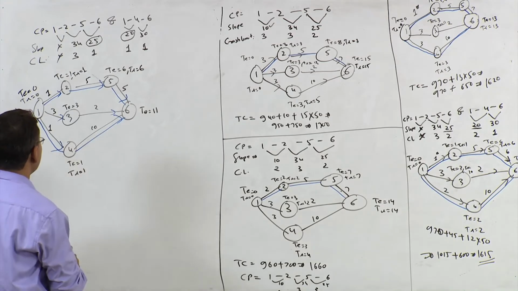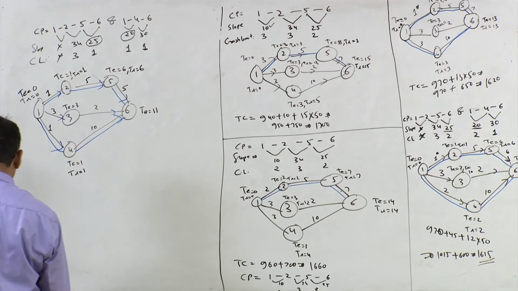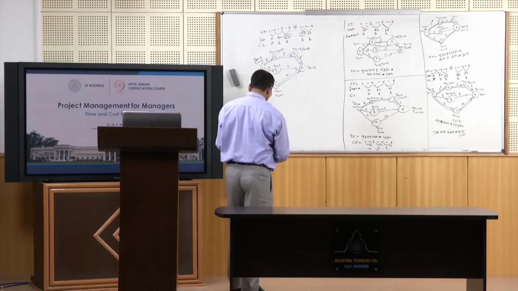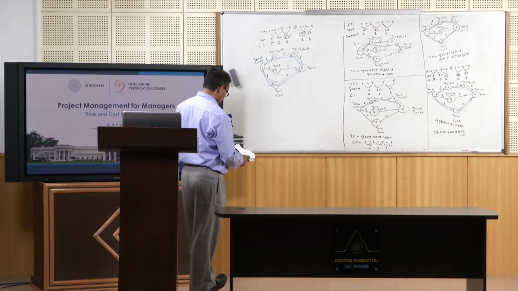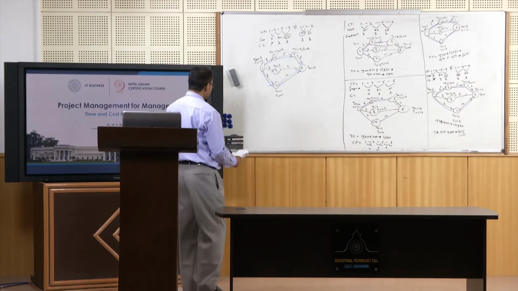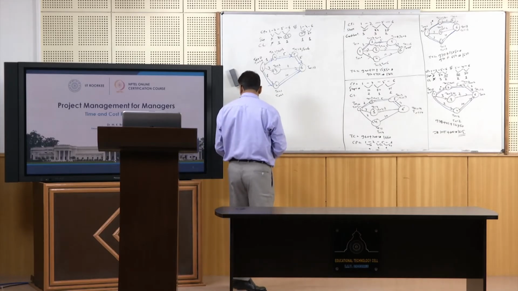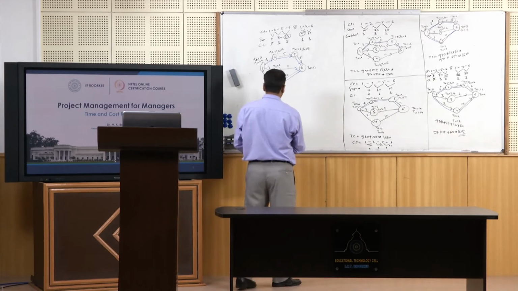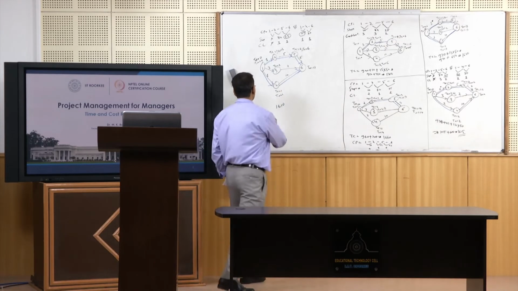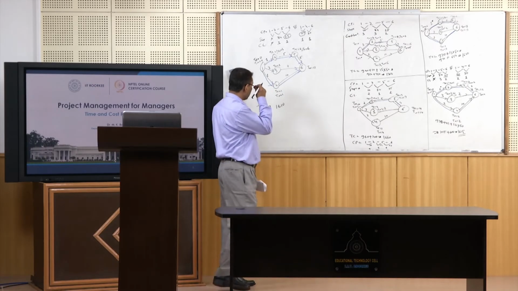Right? Now the total duration is 11 days, and if you look at the total cost at this point, what would be the total cost at 11 days? Total cost would be 1610. This would be the total cost, right?